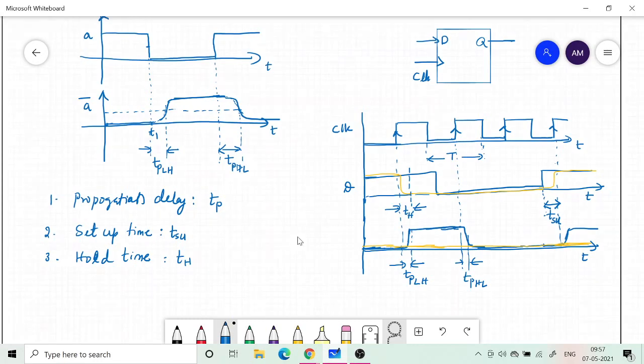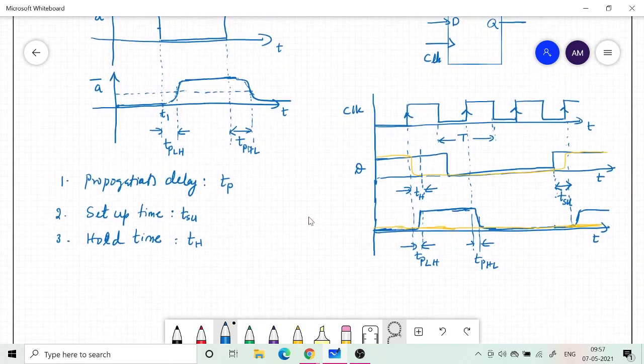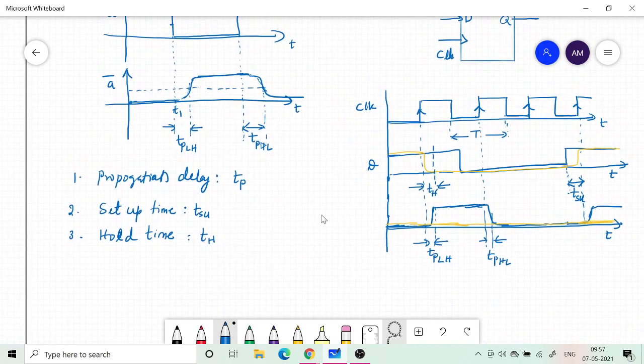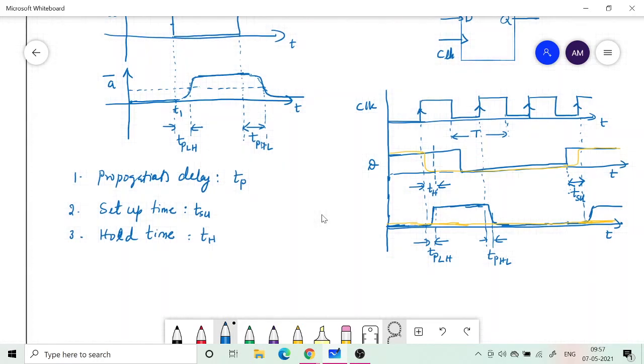So every flip-flop, every element has this type of timing requirement, and if we want to ensure that, considering all these delays and setup and hold times, it has to work properly, we need to give breathing space for the components to work properly.